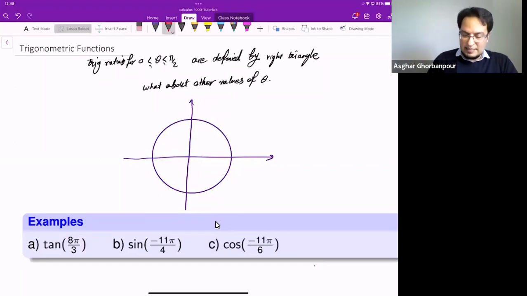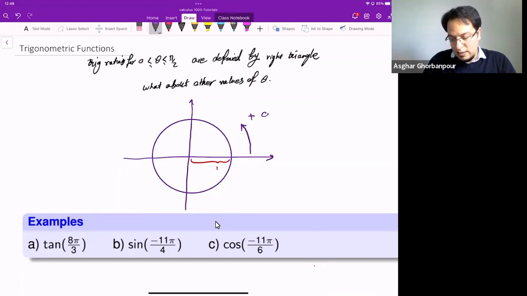So what happens is that you pick a unit circle with radius 1, and you know that for any theta, when you measure it in radians, you want to go this direction. So counterclockwise direction gives you positive angles.